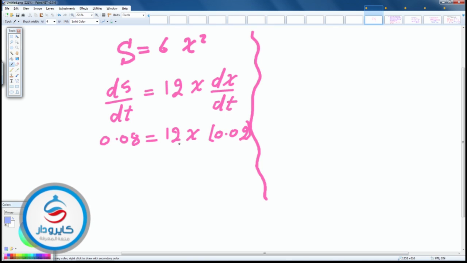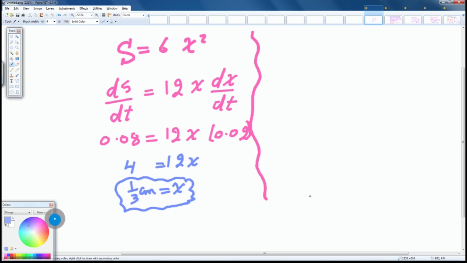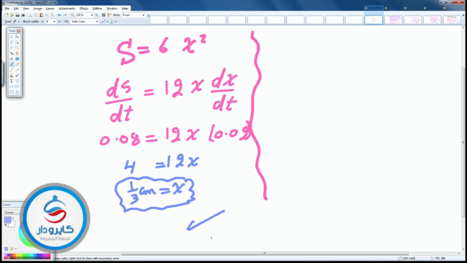By dividing by 0.08, we get 12x equals 4, then x will be 1 over 3 centimeter, and this is the length of the cube when its length increases at a rate of 0.02 per second, and in the same instant the rate of change of its surface area will be 0.08. That was the first request.